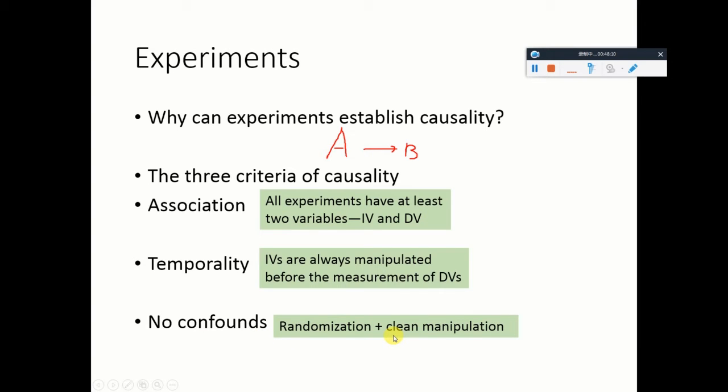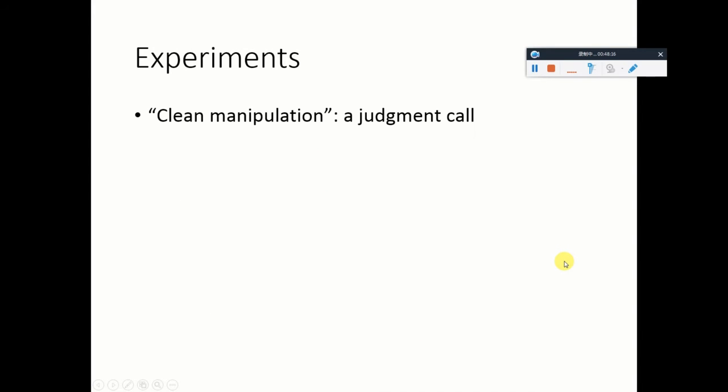And that second requirement is clean manipulation. What does it mean? Well, unfortunately, we don't really have a very good definition of clean manipulation, and in many cases, especially in social science, whether a manipulation is clean or not is a judgment call, right?